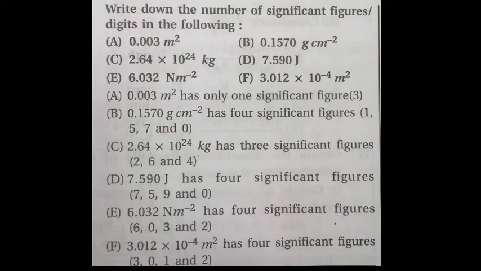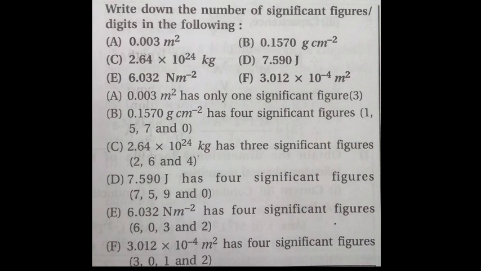Write down the number of significant figures in the following: 1. 0.003 meter square, 2. 0.1570 gram centimeter raised to minus 2, 3. 2.64 into 10 raised to 24 kilogram, 4. 7.590 joule, 5. 6.032 Newton per meter square, 6. 3.012 into 10 raised to minus 4 meter square.